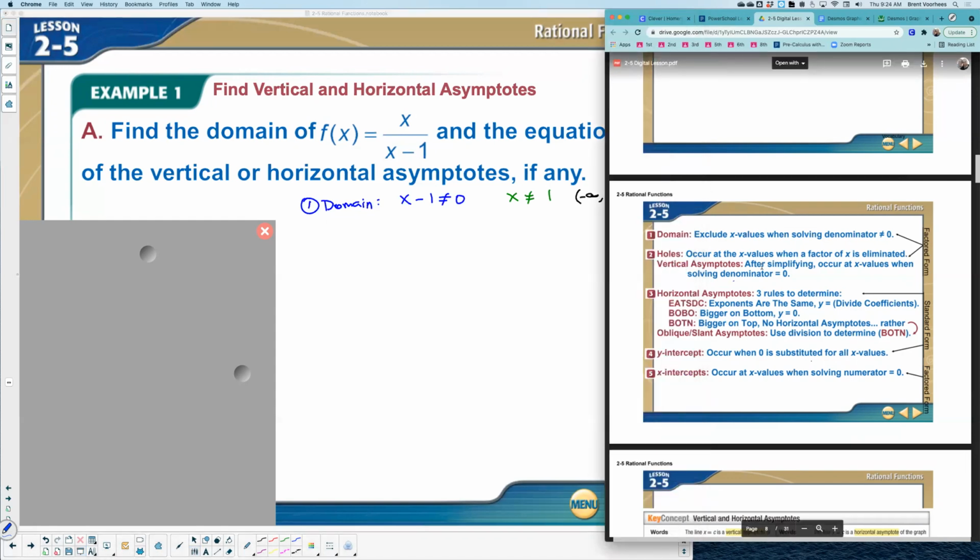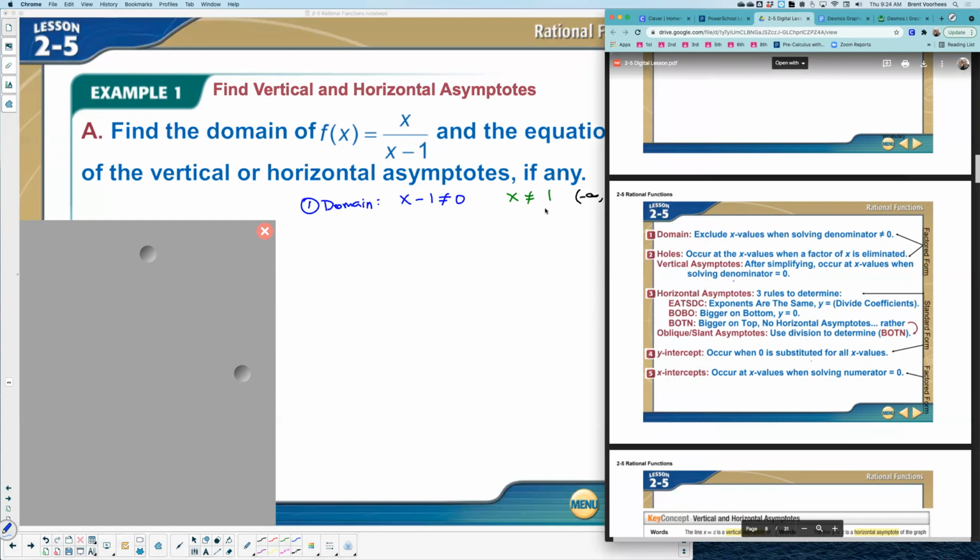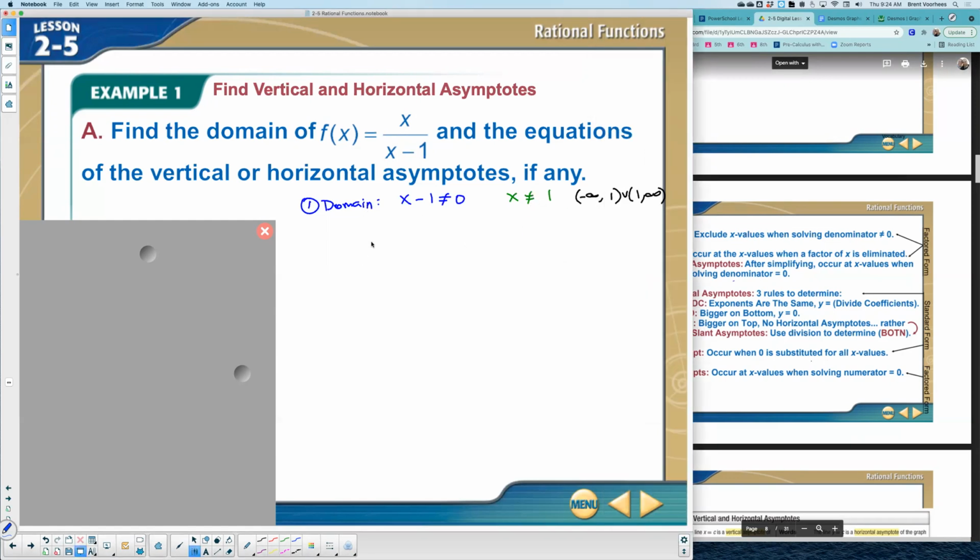A vertical asymptote will occur at any spot where you had a break in the domain. A hole or an asymptote will fill in the whole domain. So these 2 are really opposites of one another. So step 2, I'm going to do also in blue because it's the opposite of the domain. It'll only be the values that were listed in the domain. In this particular case, this is going to create a vertical asymptote because it did not cancel.